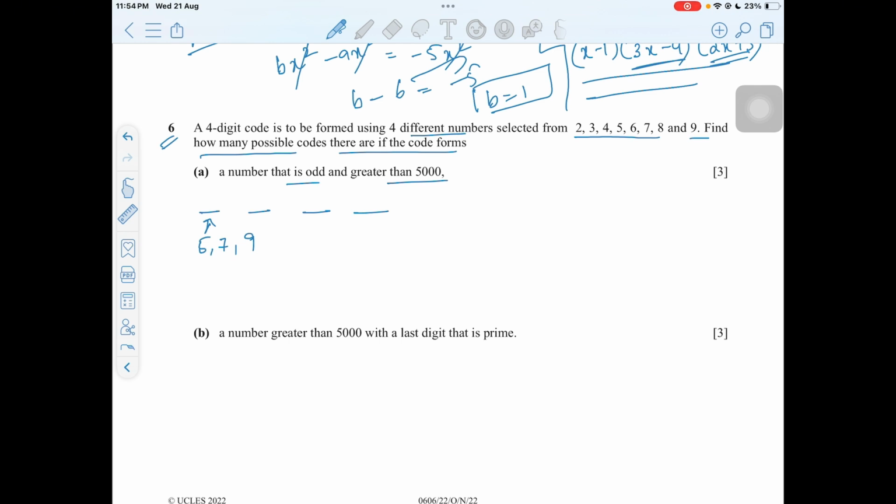So here we can have 3, 5, 7, or 9. An odd number ends with an odd digit at the end, right? So we can have 3, 5, 7, or 9. Now if we use one of the 5, 7, and 9, we can only have three combinations over here, right?